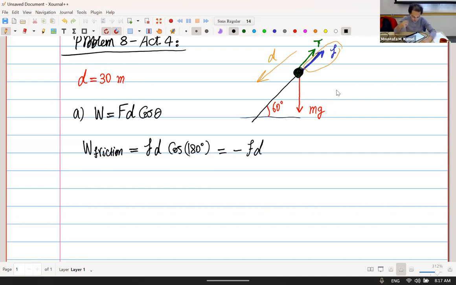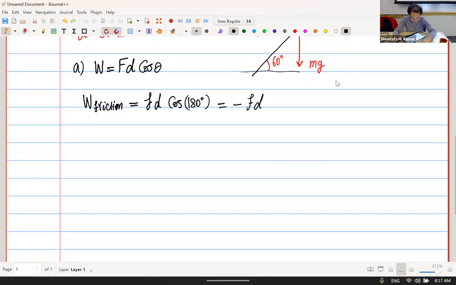Okay. We have D equal 30 meters. And we know the formula for friction. So this becomes negative mu mg cosine 60 degrees, this is friction, times D, which is 30 meters.